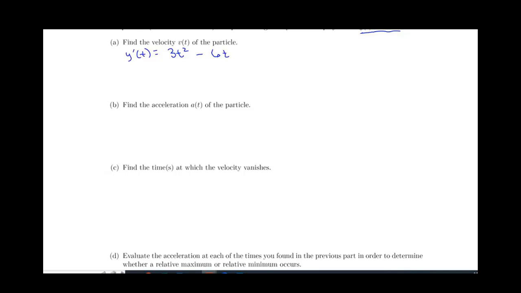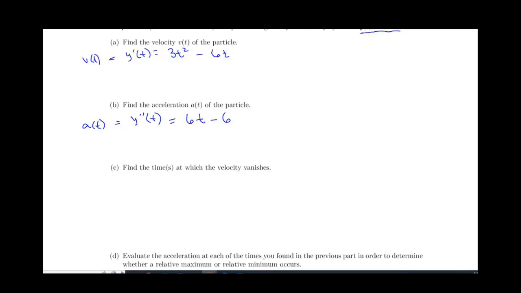So this is my first derivative. If I want to find the second derivative, this is equal to v of t, this is equal to a of t. I find the derivative of v of t, which is 6t minus 6.